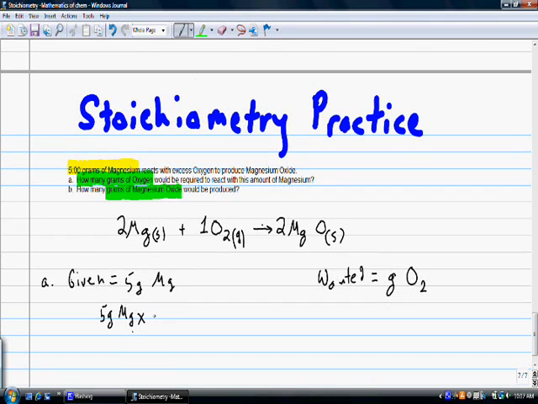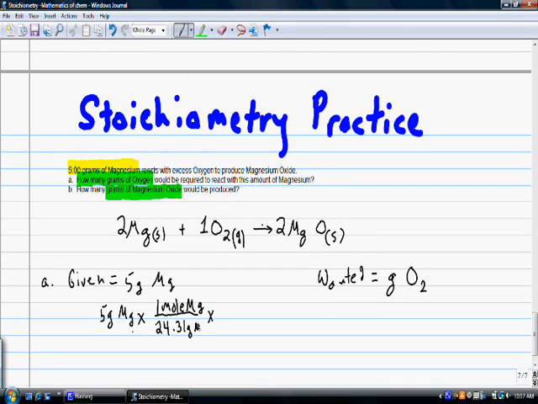Well, setting up our stoichiometric ratios here, I want to change to moles of magnesium, so I'm going to put moles of magnesium on top. And looking at the periodic table, I know that the molar mass of magnesium is 24.31 grams of magnesium.